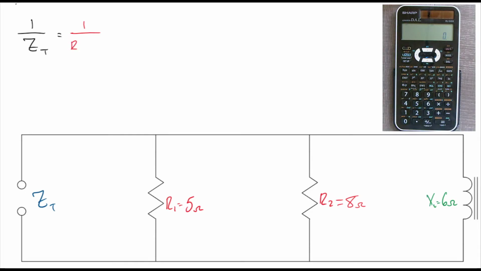So I'm going to have R1, which is at 0 degrees, plus R2, which is at 0 degrees. And this is the important one to remember, that it's plus 1 over XL, which is at 90 degrees.